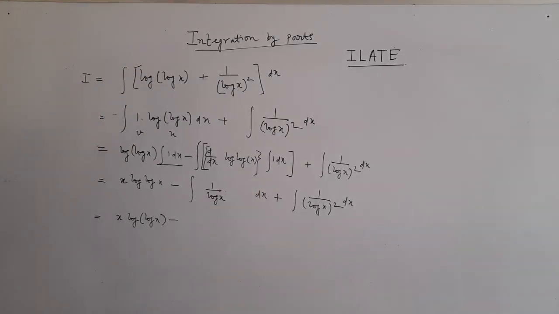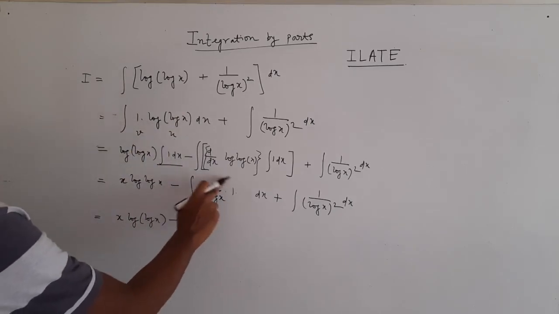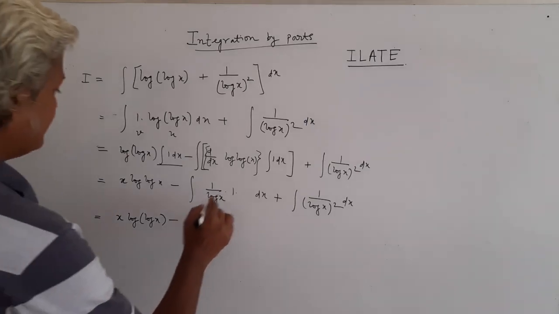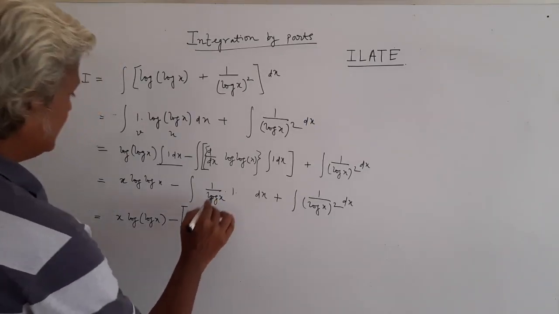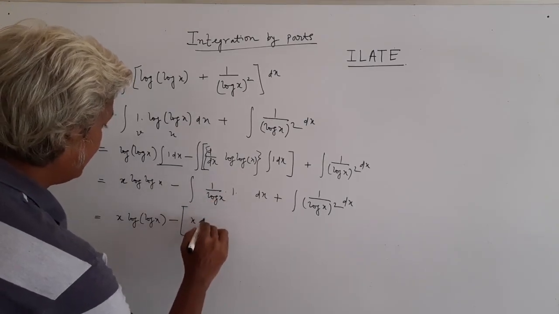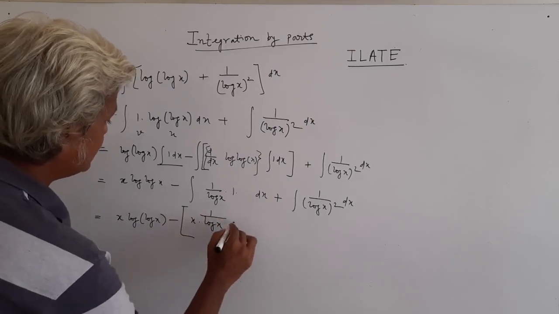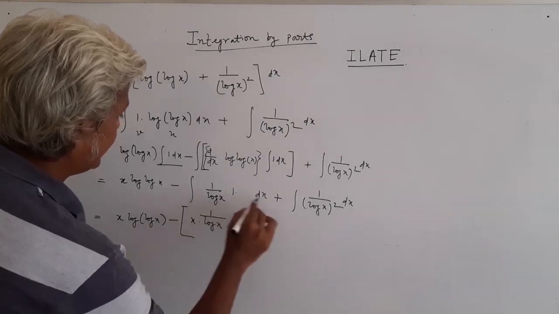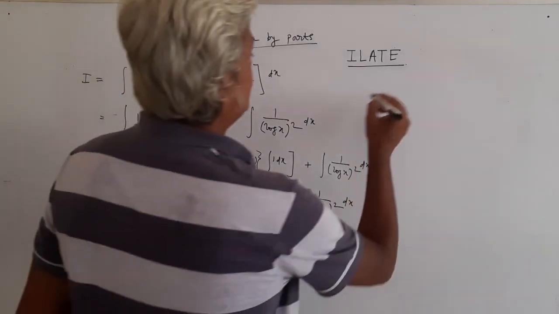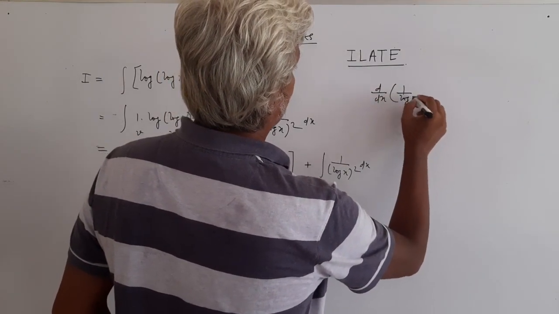So we have another function, and again we'll go by the very same rule here. So I take this function. Again this is a logarithmic function and this is 1. So what we do is write this whole thing in a box. Then first you find the integral of 1, that is x. Keep 1 by log x together, unchanged, minus the integration of 1 dx, that is x again, and the differentiation of 1 over log x. What is the differentiation of 1 over log x?